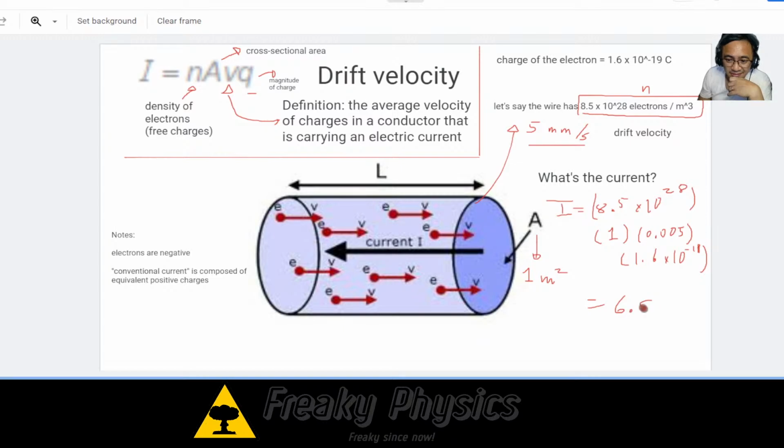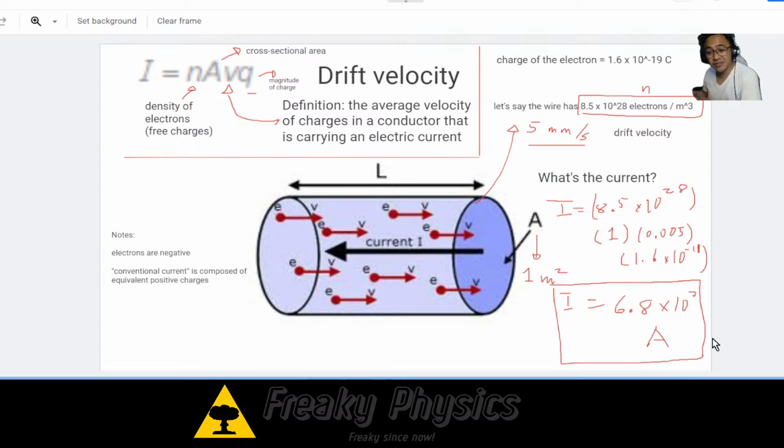I got 6.8 times 10 to the 7, lots of zeros. Amps. Just so we're clear, this is a reasonable answer because of that huge area we have. 1 square meter is absolutely huge in terms of conductor areas. Normally we have square centimeters or square millimeters, which would make it a lot smaller.